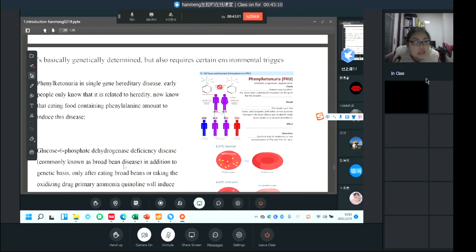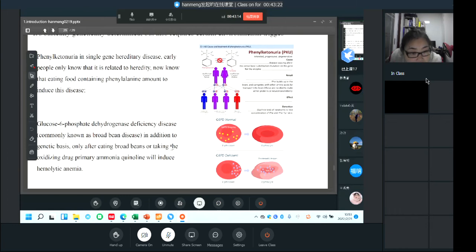The glucose-6-phosphate dehydrogenase deficiency disease, also known as the broad bean disease. In addition to the genetic basis, only after eating the broad beans or taking the oxidizing drug primaquine, the amino quinoline, will it induce this disease.